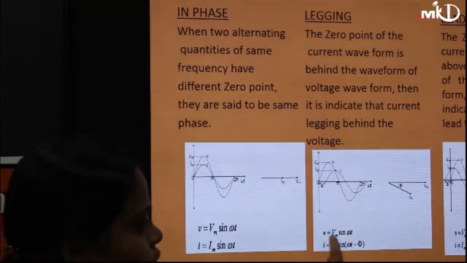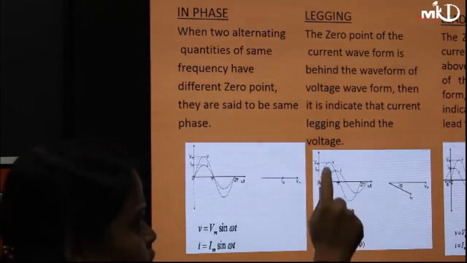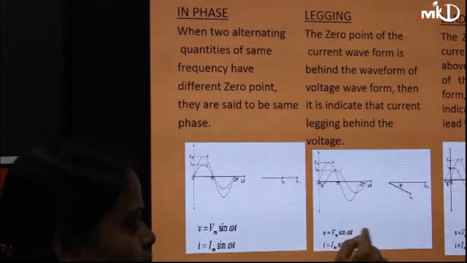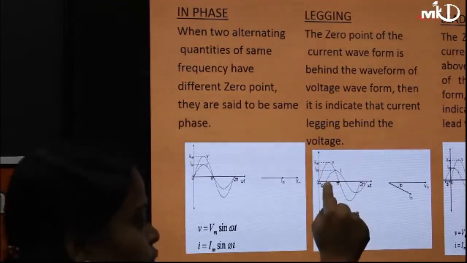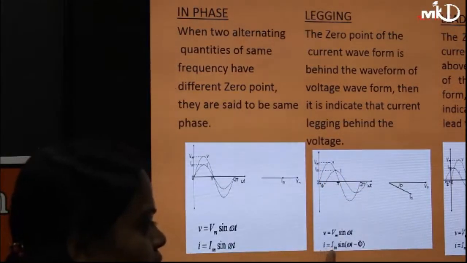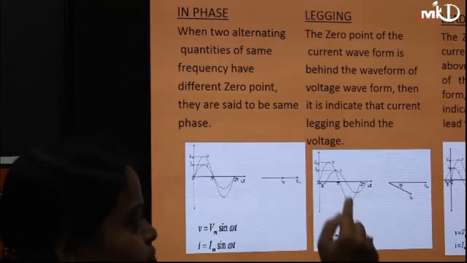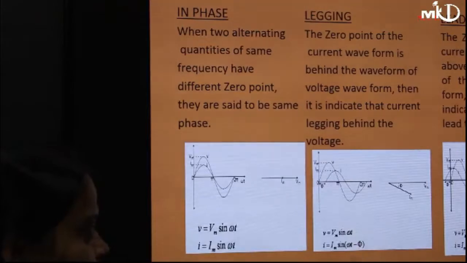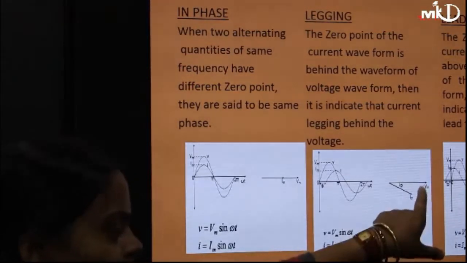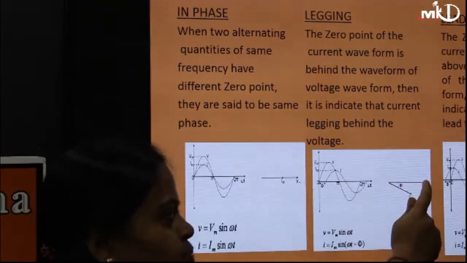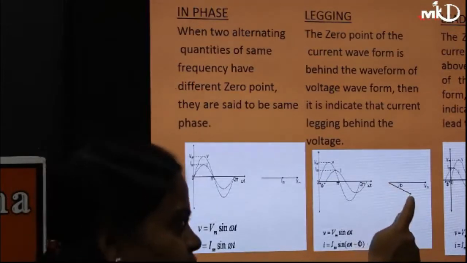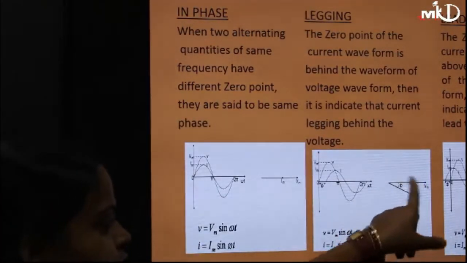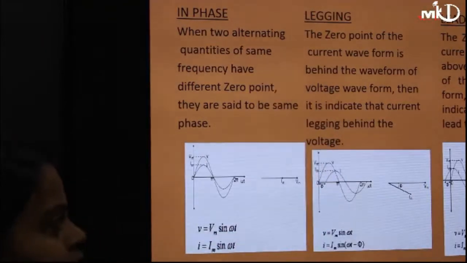The equation for V is the same, V is equal to Vm sin omega t, but I is equal to Im sin of omega t minus phi. In the phasor diagram, taking V as the reference, I lags V by an angle phi. This is the phasor diagram and this is the waveform of the lagging case.